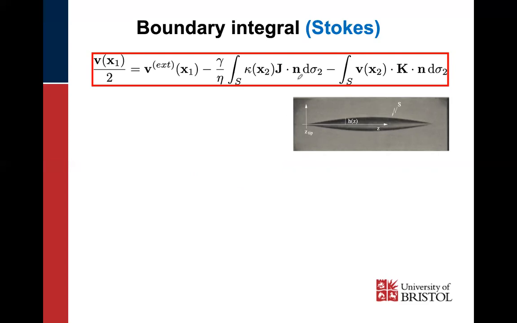Then comes a contribution from the surface tension. And finally, there comes a sort of correction factor, which comes from the fact that if the inner and outer fluid have different viscosities, there is a jump in the stress across the interface.